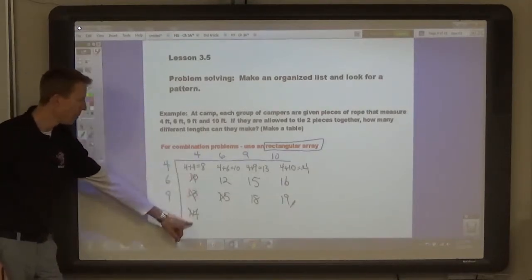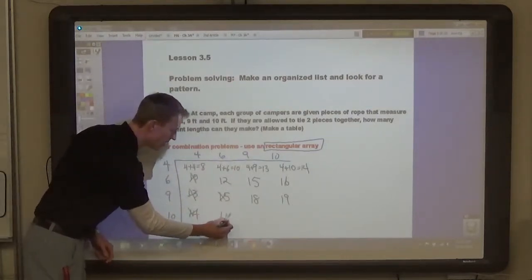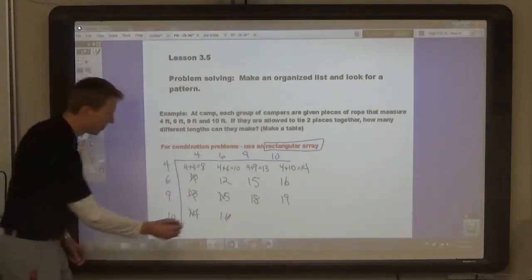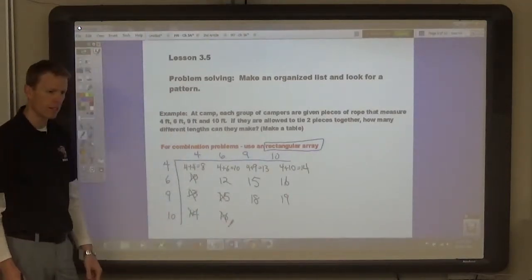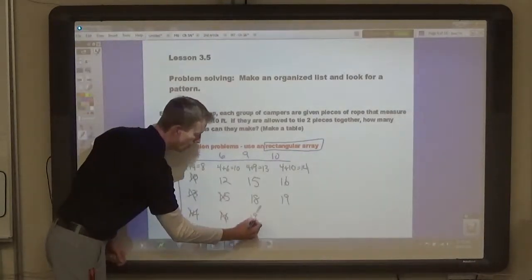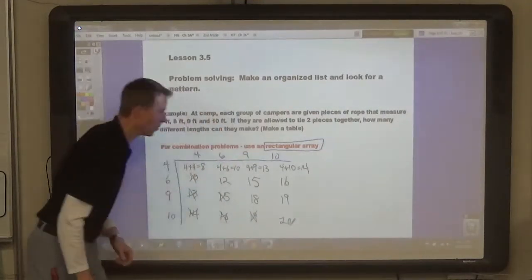Then, we've already made this row. Have we made a 16-foot piece yet? Yeah. Have we made a 19-foot piece yet? Yeah. And we can make a 20-foot.